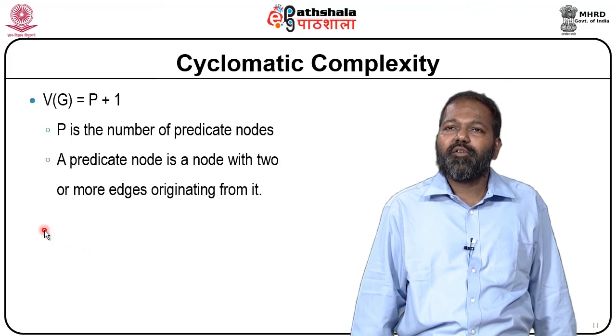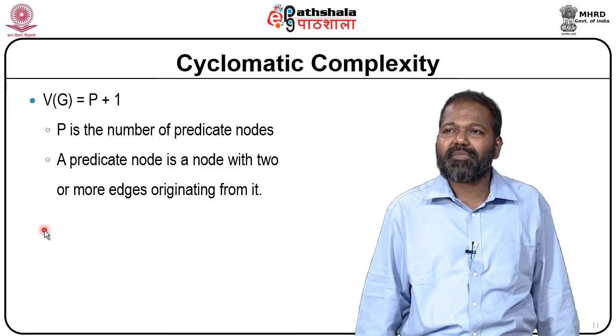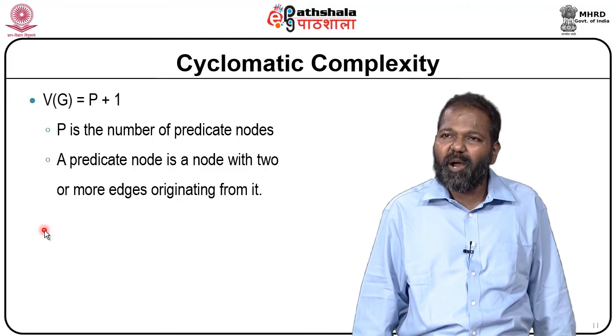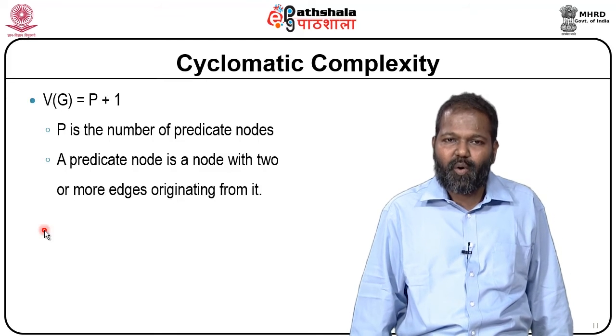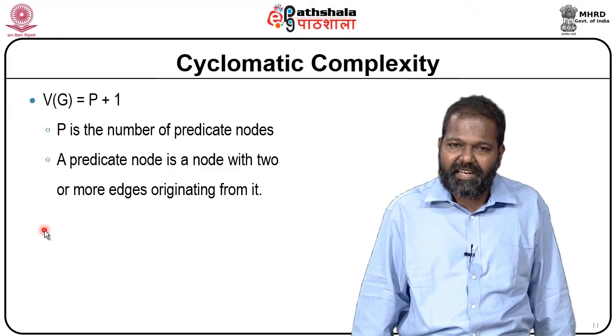Another method to compute cyclomatic complexity is V of g equal to P plus 1, where P is the number of predicate nodes. Now, what is a predicate node? A predicate node is a node with 2 or more edges originating from it.